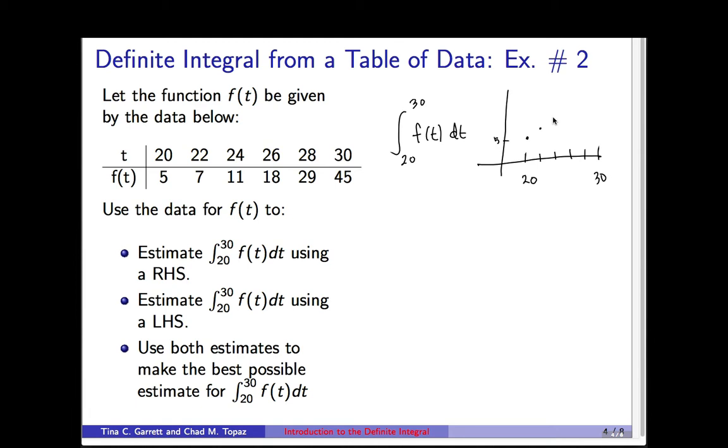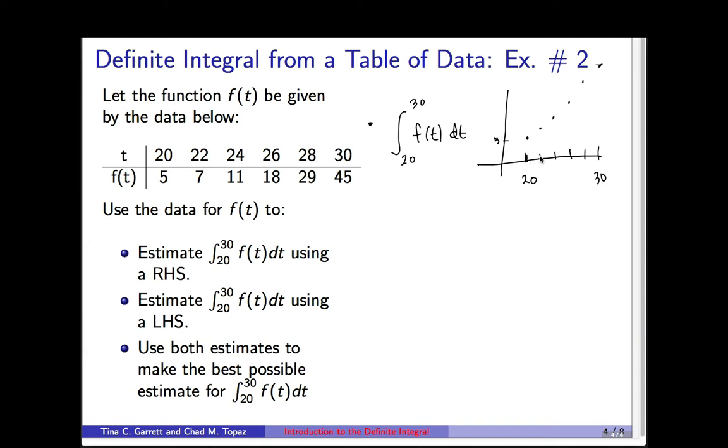When t is 24, about 11. When t is 26, 18. 29, and 45. We don't know anything else about how the function behaves in between those points, so again, this is really going to be an estimate. So in this situation, it's great to use the rectangles. So let's first think about trying to estimate this using a right-hand sum.